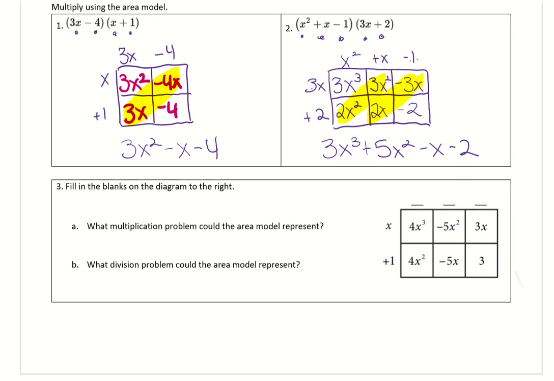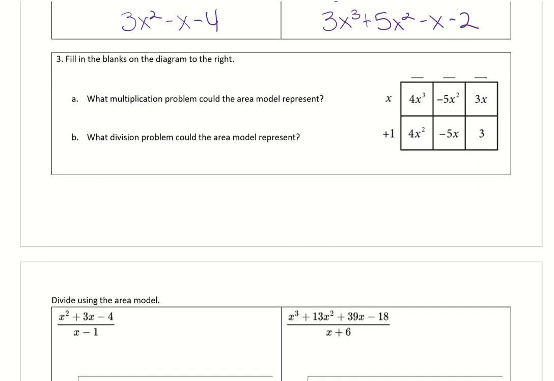So here is a diagram that's a little bit different. We've got the answers here, and so we are going to fill in the blanks. But before we do, let's think. What multiplication problem could this represent? Well, we don't know those blanks yet, but blank, blank, blank, that's the top row, times the side, x plus 1.